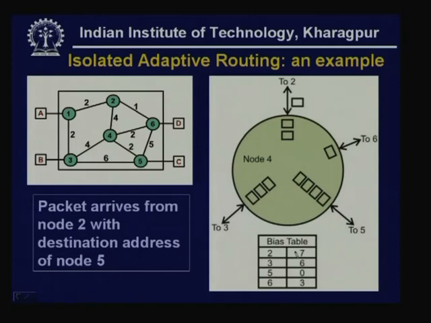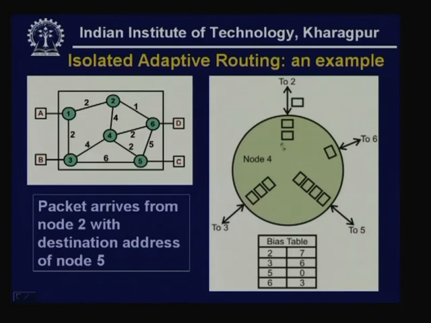So, if you add, from 2 plus 7 it is 9, 1 plus 6 it is 7, 0 plus 4 it is 4, and 3 plus 3 it is 6. So, it is directly delivered to 5, because although 4 packets are there in the queue, because of 0 bias it is directly forwarded to 5.